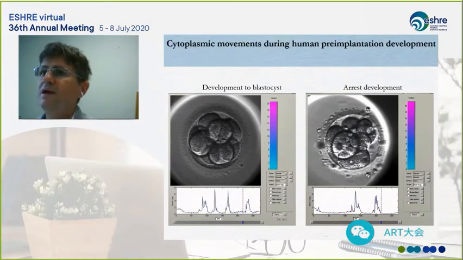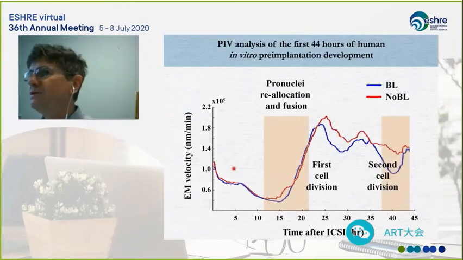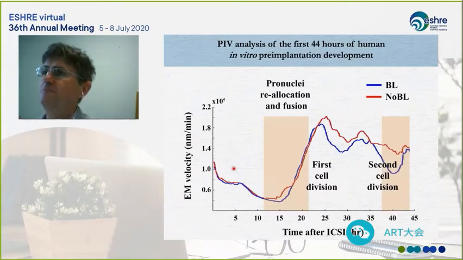We analyzed in the next slide about 150 embryos throughout the whole preimplantation development, 150 embryos that reached the blastocyst stage and 150 that did not.